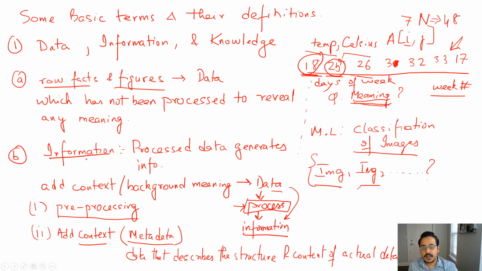So now once you have collected your data and you have processed them, pre-processed them, and then added context in order to generate information, what remains thereafter is basically knowledge.